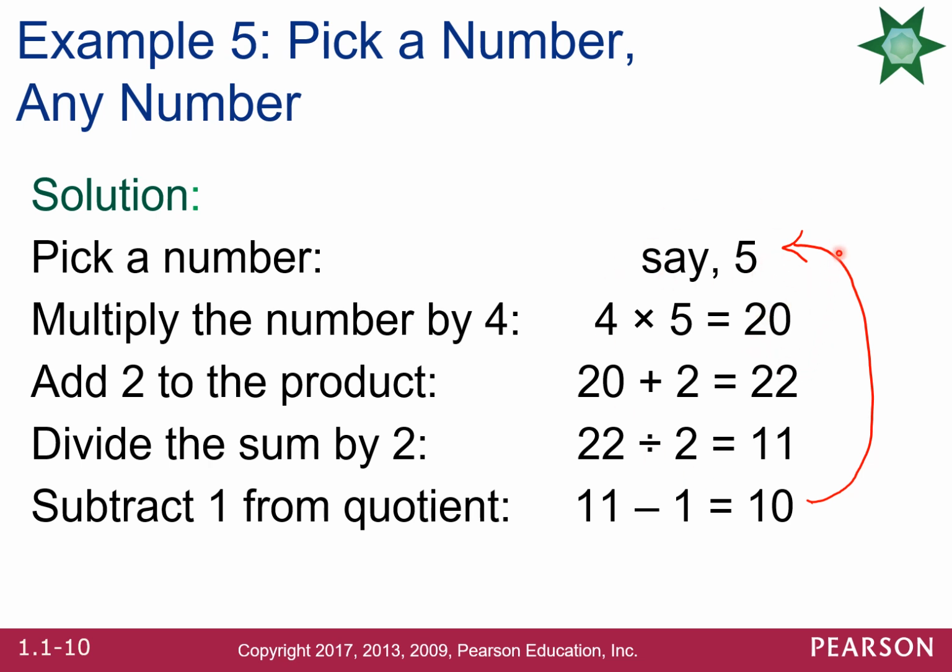All right, so the initial number was 5, and after performing all these operations, we got 10, which is 2 times 5, which is double the number we had picked, right? So it's not enough to just go through one example, one number, one case, and come to the conclusion that, hey, the relationship between the initial number and the end result is going to be double.